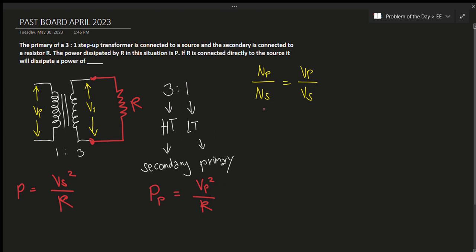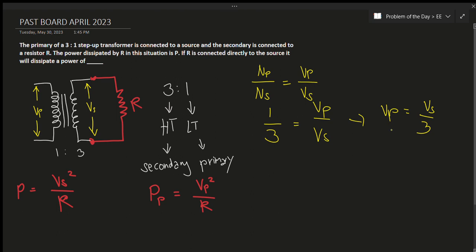So earlier, we have this equation. The turns at the primary is just 1. The turns at the secondary is 3, which is equal to Vp over Vs. Let us solve for Vp. Vp becomes Vs over 3.